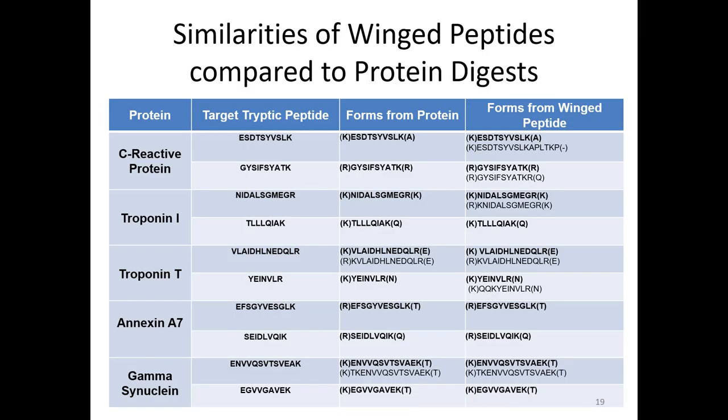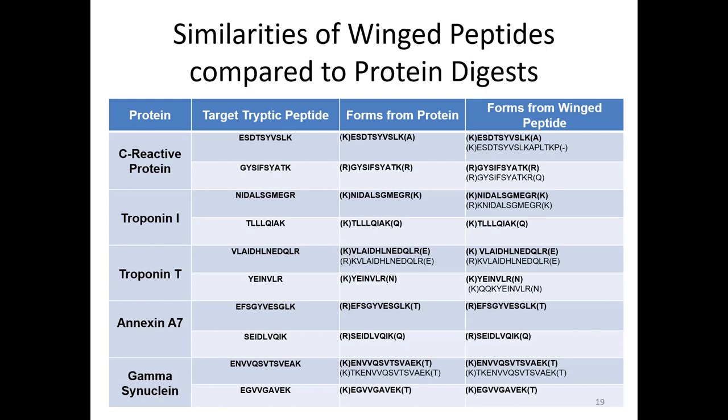So first we did data-dependent runs to see when we do these digestions, what are we actually detecting? So these are showing the forms that we detected from the protein. So this is an undercleaved form, because this is the full tryptic, but we saw a form that had an N-terminal lysine. So that complicates things. In the wing forms, we saw miscleavage.